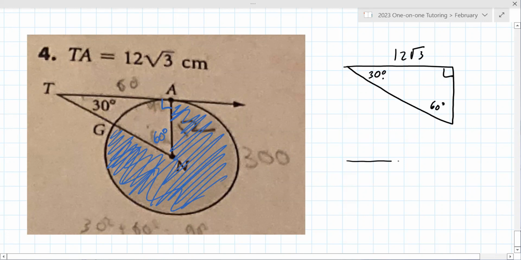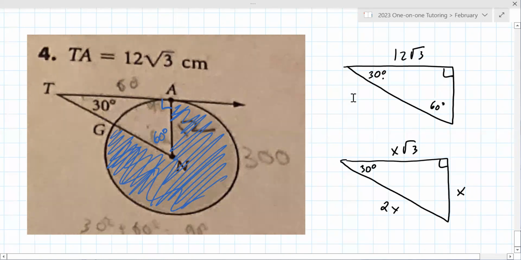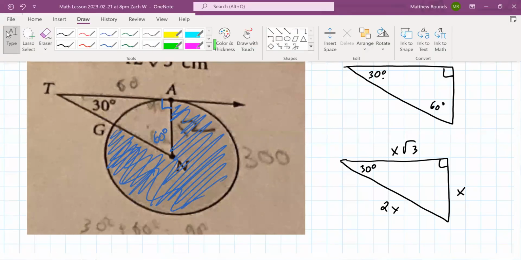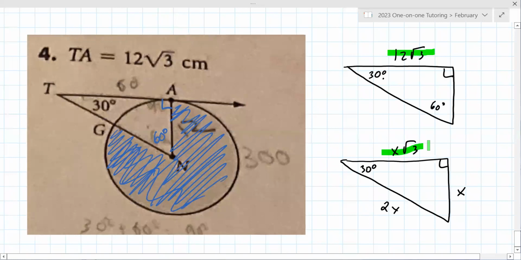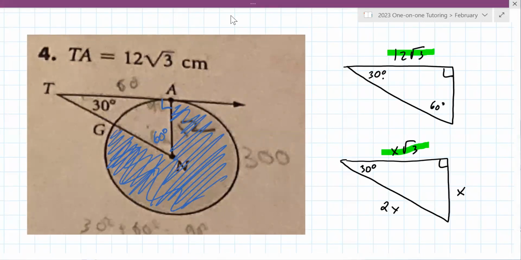I'll draw the reference triangle on the bottom here to help. When you're solving these special triangles, you set the known side, which is 12 root 3, equal to the reference side, x root 3.